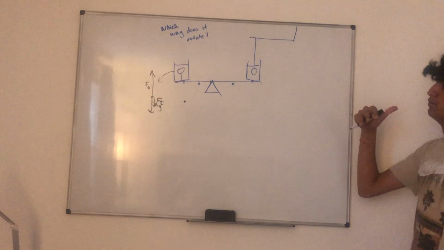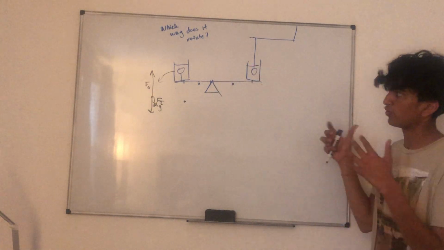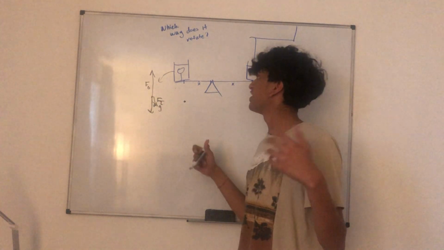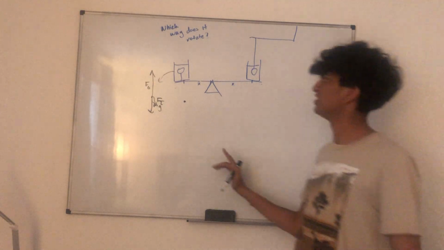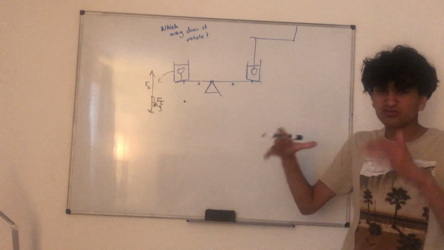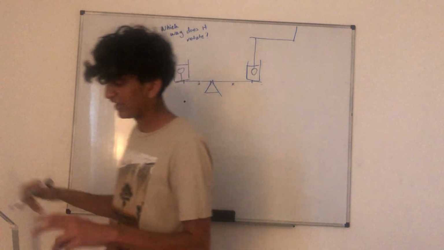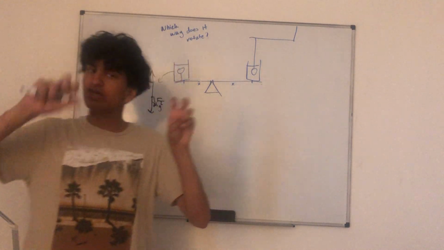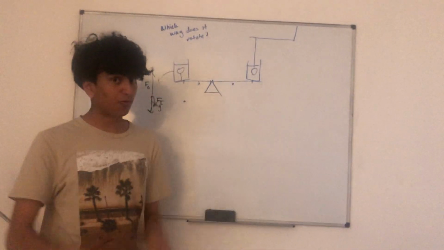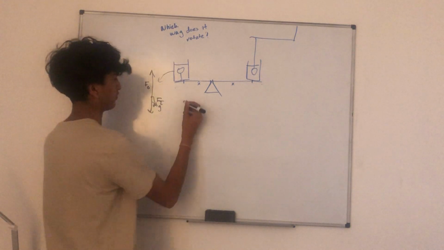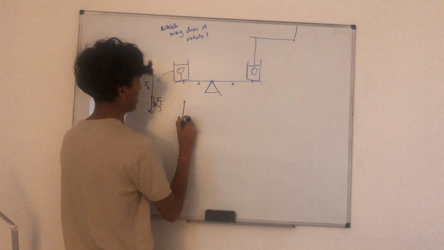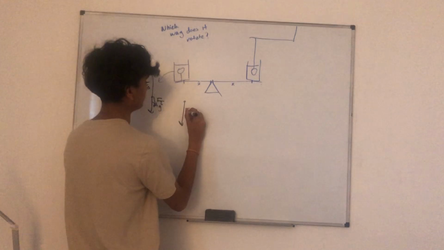But in terms of the water in the beaker, if there's a buoyant force on the ball, it's pretty crazy. The ball is going to exert an equal and opposite force downwards that is equal to the buoyant force. And that's kind of crazy.